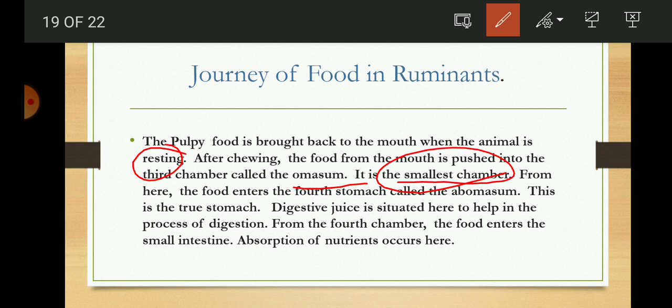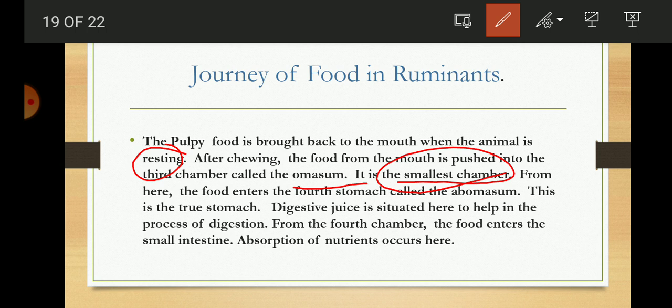After this, the digestive juice is secreted here to help in the process of digestion. From the fourth chamber, the food enters the small intestine and absorption of nutrients occurs here. Students, why is this fourth chamber known as the true stomach? Do you have any idea? Yes, because this fourth chamber secretes digestive juices.